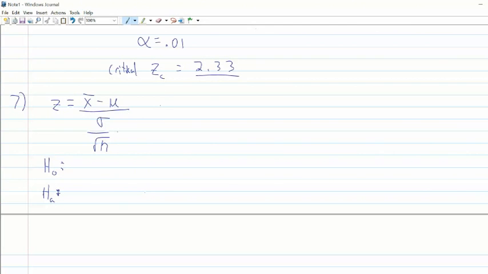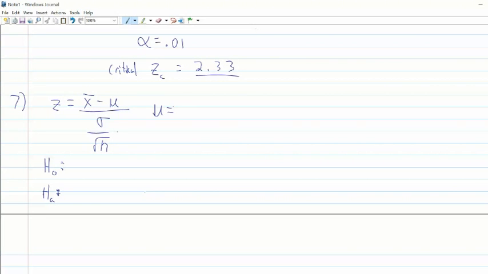All right, so to do that, we need to write down the claim. We're trying to figure out, would this new way perform differently than the traditional method? Would the computer-aided method perform differently than the traditional method?